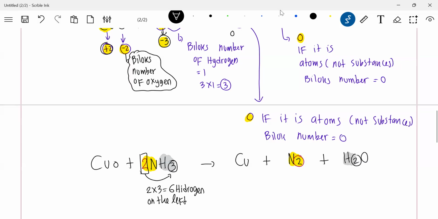So to make it balanced, you have to times with 3. 3 times 2 is 6, so 6 hydrogen on the right.